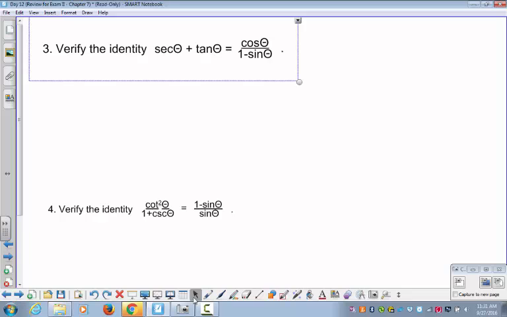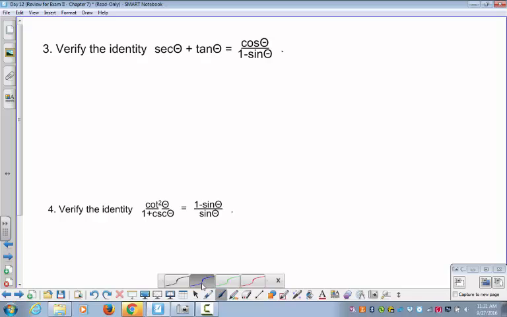Let's see. I'll go through the top one. This next one is an important one. I want to make sure you guys, I see you practice that one. So I'll do this top one. We'll do it together. Which side do you want to pick, left or right? Left? Left's got secants and tangents. That's more complicated than sines and cosines, so let's just go with that.